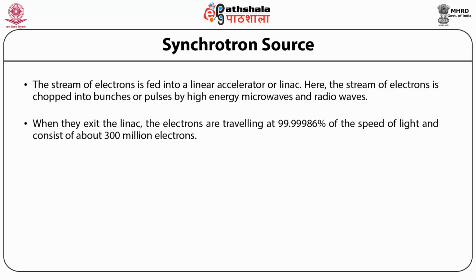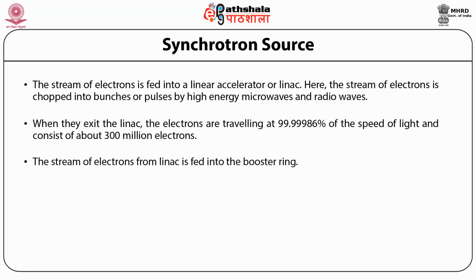When they exit the LINAC, the electrons are traveling at 99.99986% of the speed of light and consist of about 300 million electrons.